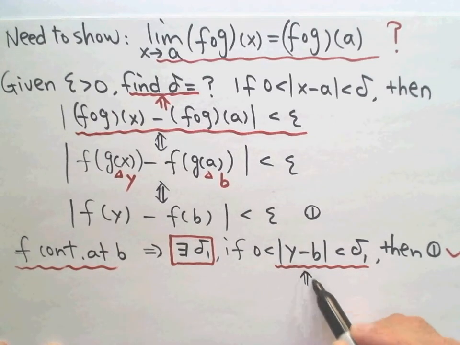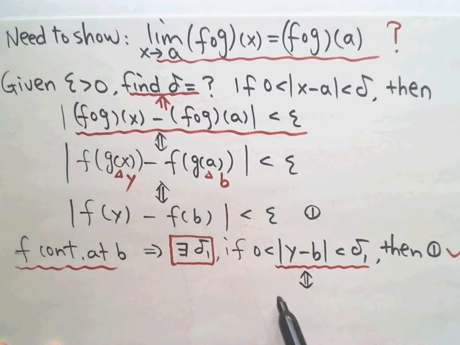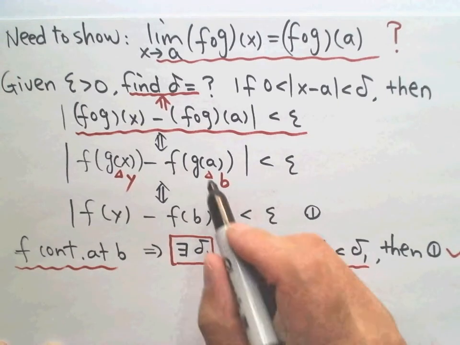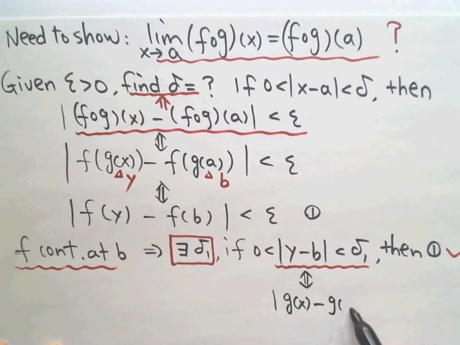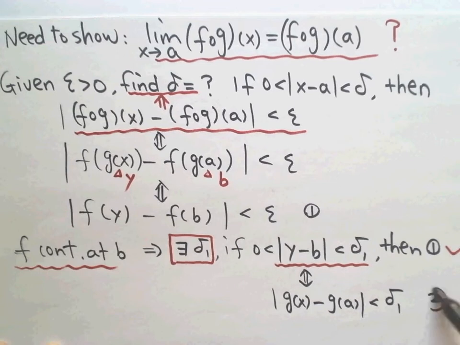I change this one to here, equivalent to, because y is g(x). If I write it in another way, you will see it clearly. Write it this way: y is g(x), b is g(a). Can you see something? And less than delta 1. And if I say this is the second inequality, we should be familiar.